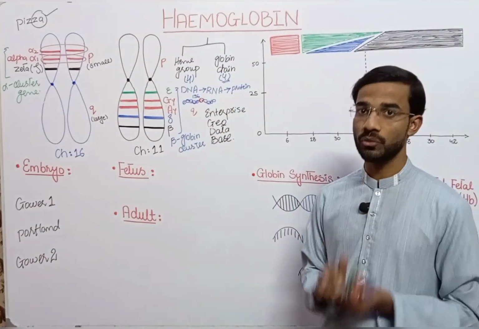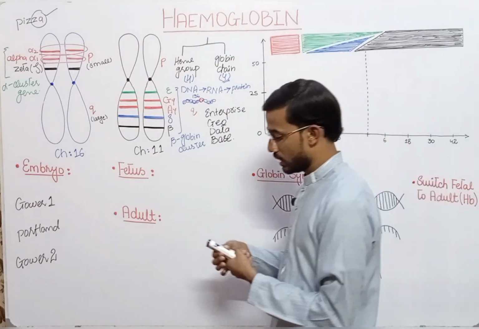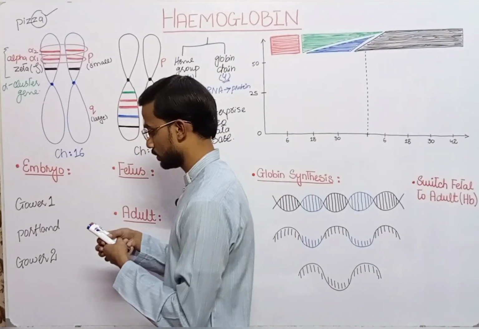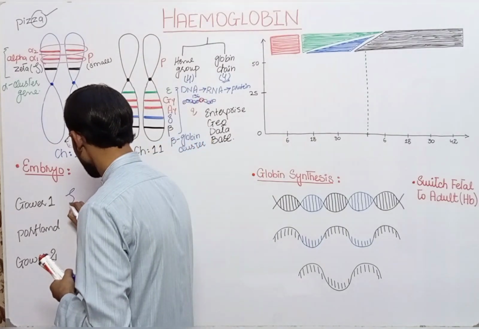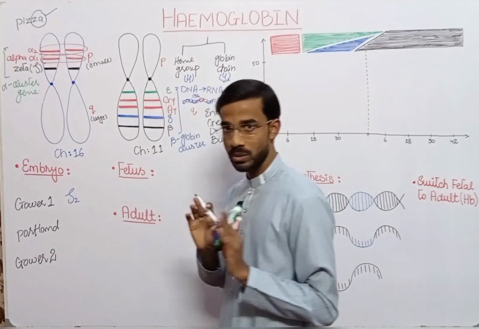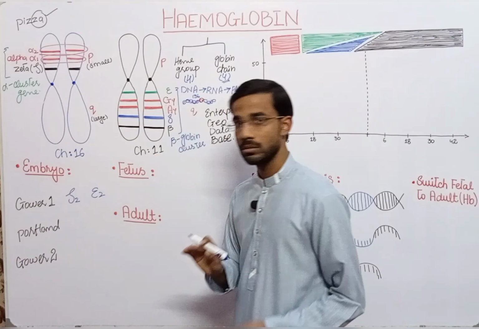These are basically the three hemoglobins, and in Gower 1 you will see 2 zeta and 2 epsilon globin chains.